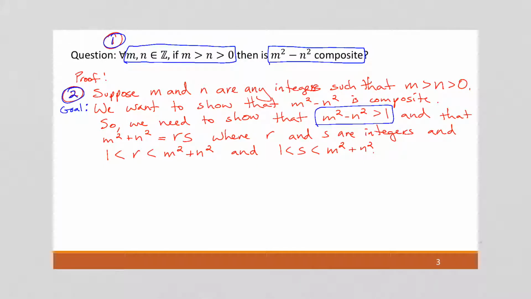So I can say that since m is greater than n is greater than 0, m is greater than or equal to n plus 1. All right, it could be bigger. And so m is at least 2.